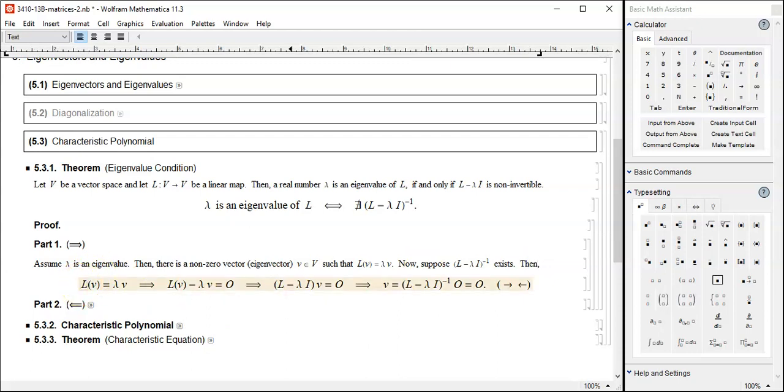L of V is equal to lambda V. Flip this to the right-hand side: L of V minus lambda V is equal to 0. Then combine those and factor V out: L minus lambda I of V is 0. And then finally flip it to the other side by taking the inverse. So we have V equal to 0, and that is a contradiction because V is supposed to be an eigenvector, so it's a non-zero vector.